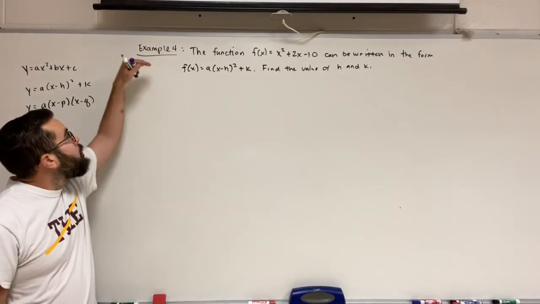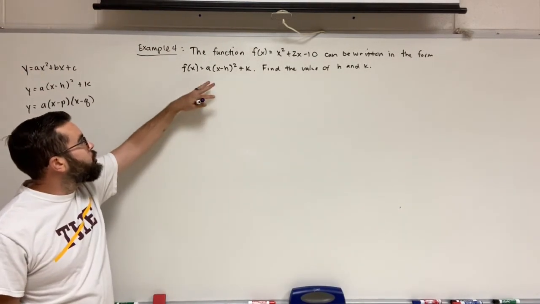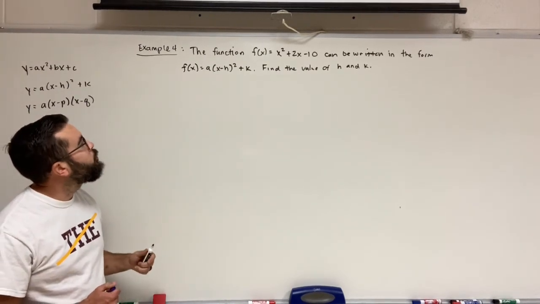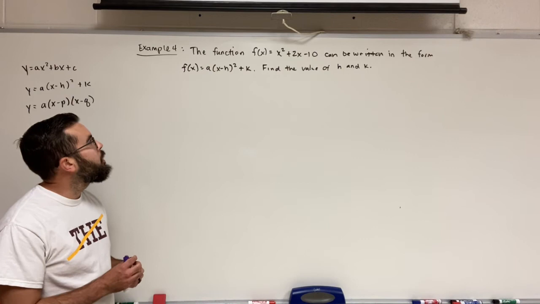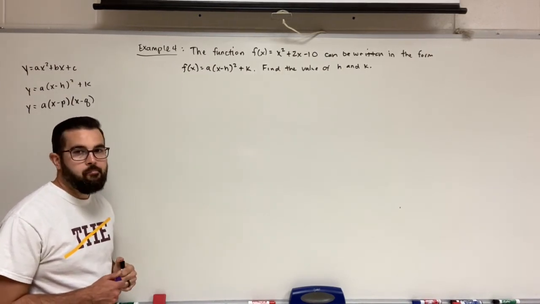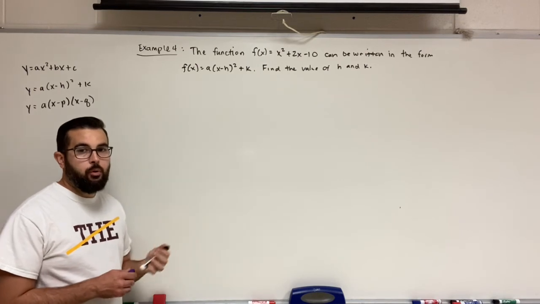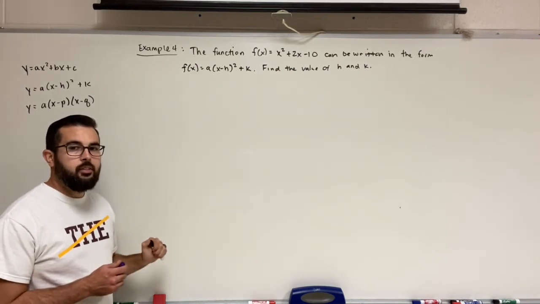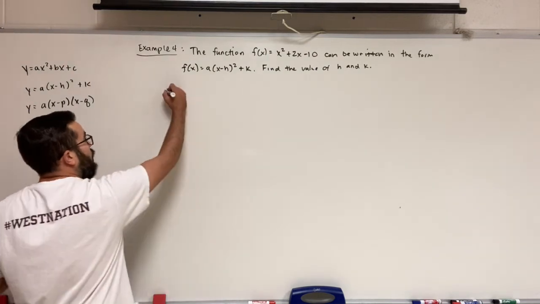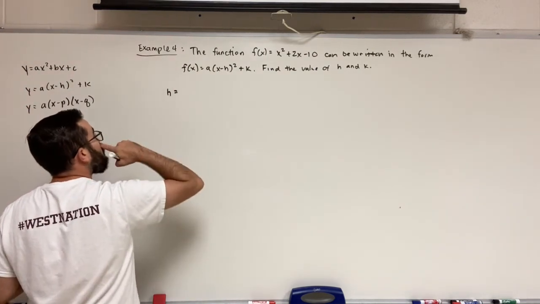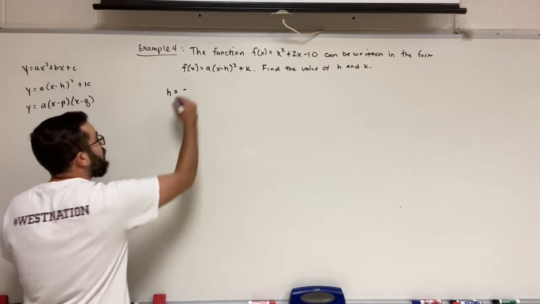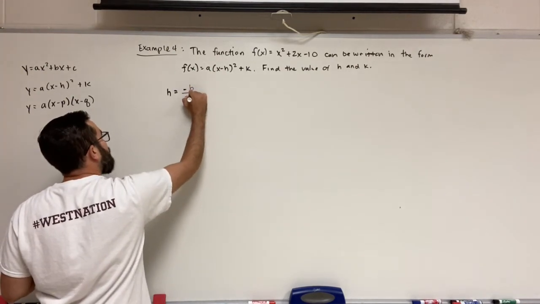Last example. This example says the function f of x equals x squared plus 2x minus 10 can be written in the form f of x equals a times x minus h squared plus k. Find the value of h and k. So this is a straightforward question, but I see a lot of students overthink this question and then mess up how they write their answers. So h is equal to negative b over 2a.